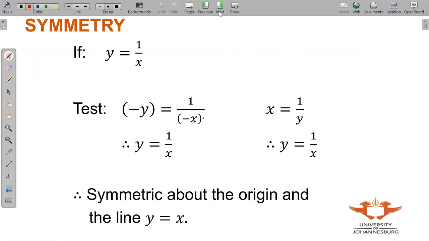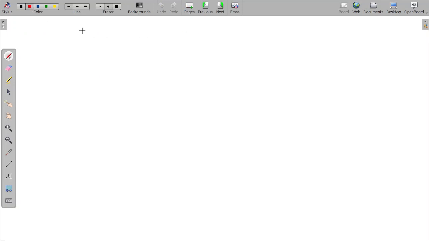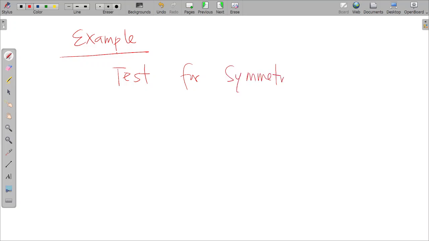If you have this equation or this example, we want to test which symmetry it has. Example: test for symmetry of this function, f of x equals 1 over x.